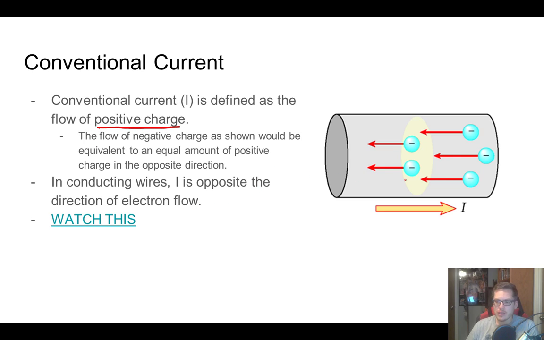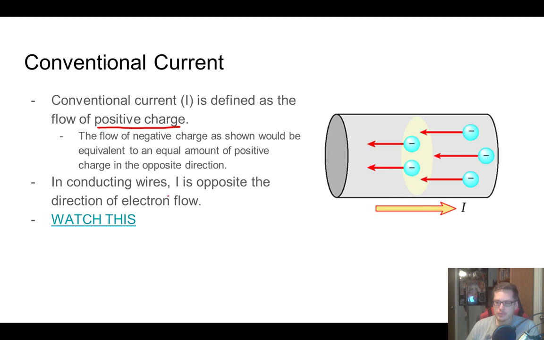Here we've got negative charges moving, but when we talk about current, we'll always be talking about conventional current, so it would be the equal amount of positive charge moving in the opposite direction.